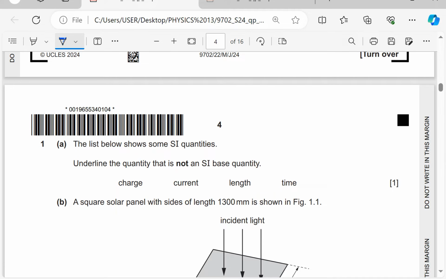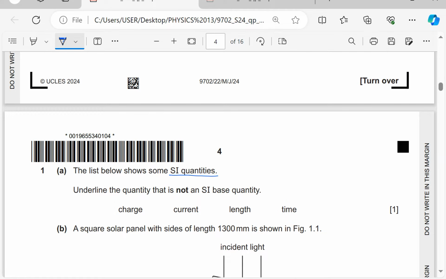So the list below shows some SI-based quantities. This is the first unit in AS physics, physical quantities and units. And I think there are 7 base quantities.